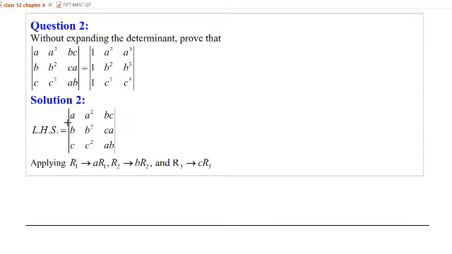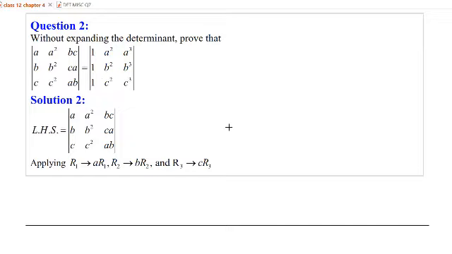While doing so, we have to divide outside by a. Similarly, multiply this whole row by b, and we'll divide outside by b, and this row multiply by c, this whole row, and divide by c. So now you'll get abc, abc, abc, that you can later on take outside common, and then you'll get 1 1 1 that you need to prove here.